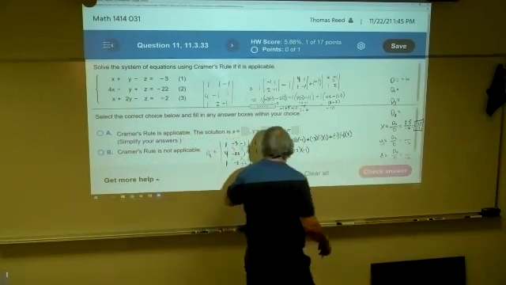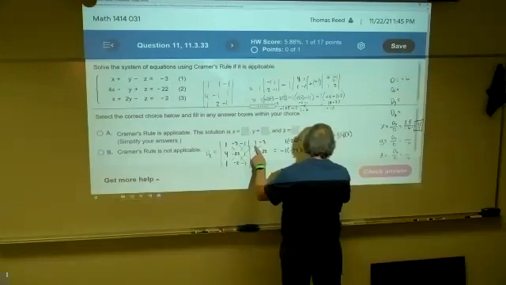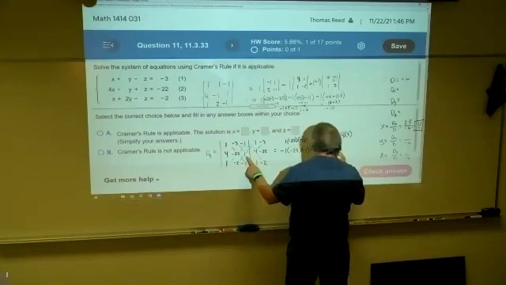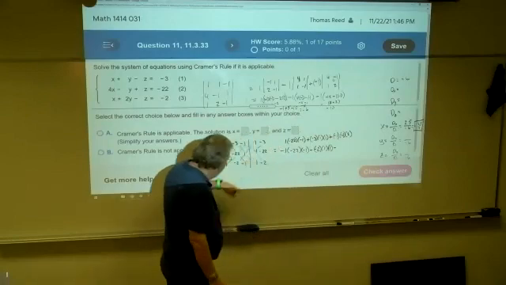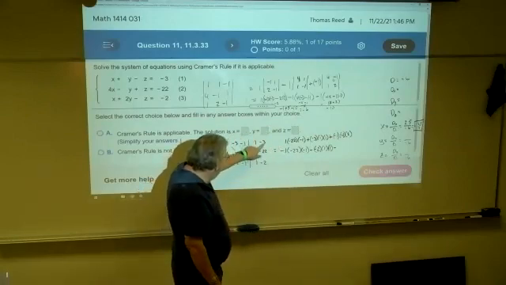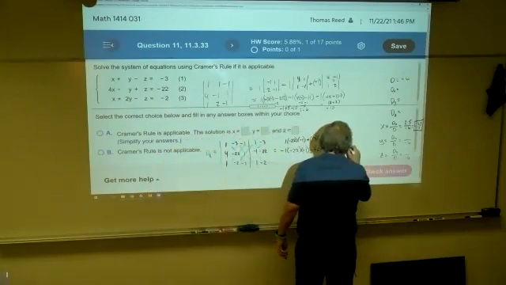And then negative 2 times 1 times 1, minus, and it's going to end up being a plus 2. Negative 1, 4, and negative 3, so that's going to be a negative 1 times 4 times a negative 3.